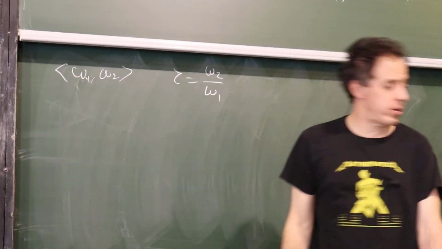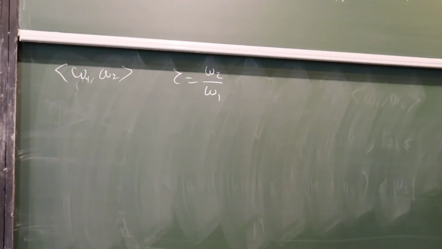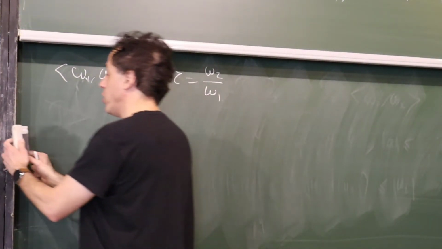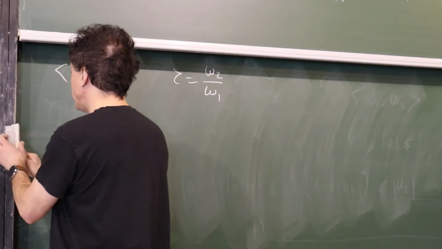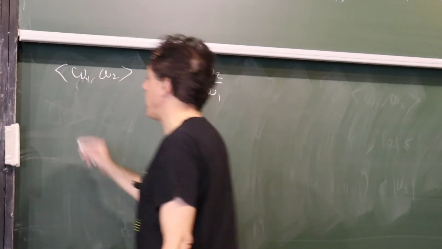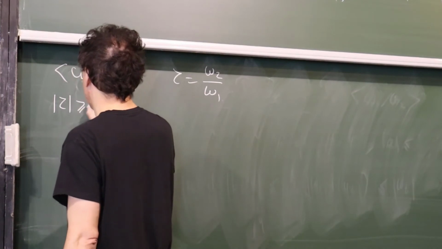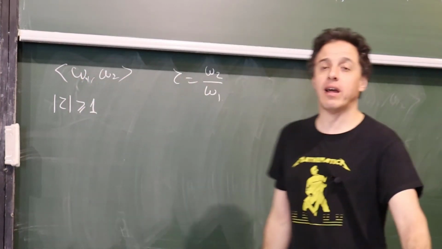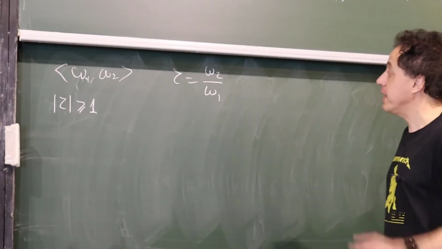We're going to call this quotient tau. This quotient satisfies several properties. For instance, the modulus of tau is greater than 1. That's the first property.